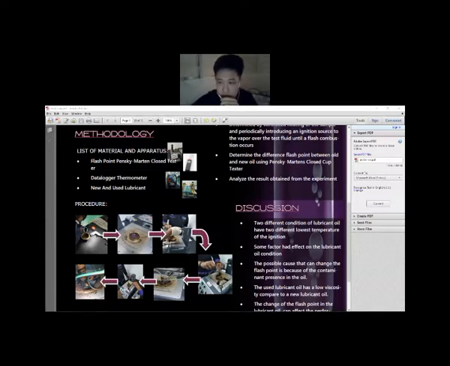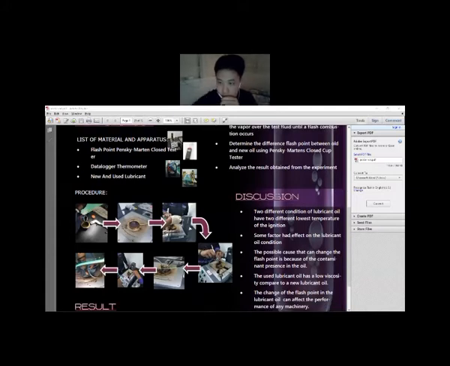Then we set up the tester by connecting the flexible shaft to the tester, which is used to spin the lubricating oil later. After that, the data logger thermometer with a type K thermocouple is used to measure the change of temperature. Next, the Pensky-Martens closed cup tester is switched on.